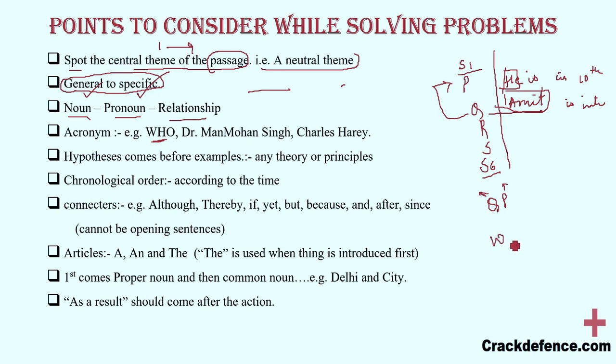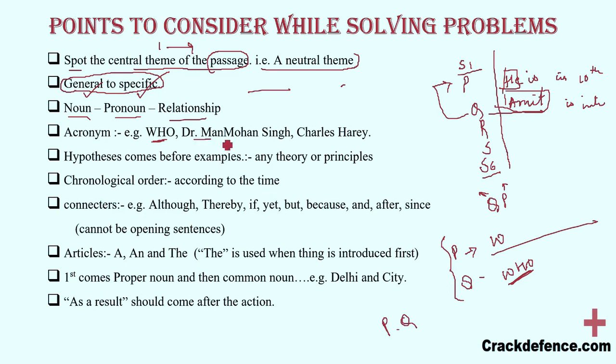Example, World Health Organization. Statement P has the full form, and statement Q has WHO. Later they use abbreviations. So for the first time we will not use any abbreviations. Over here you can identify that the P statement comes first and then Q.